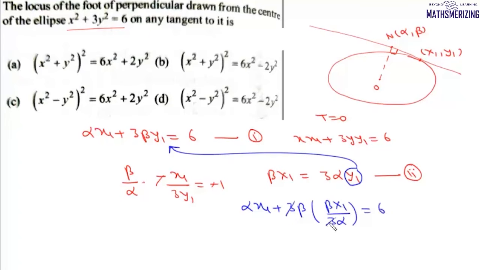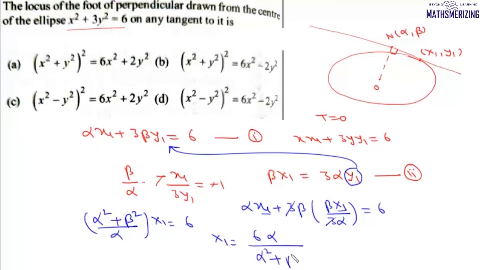Now this 3 will cancel. We can take x1 common, then we can write (alpha square plus beta square) upon alpha times x1, and this is equal to 6. That is, the value of x1 is 6 alpha upon alpha square plus beta square.